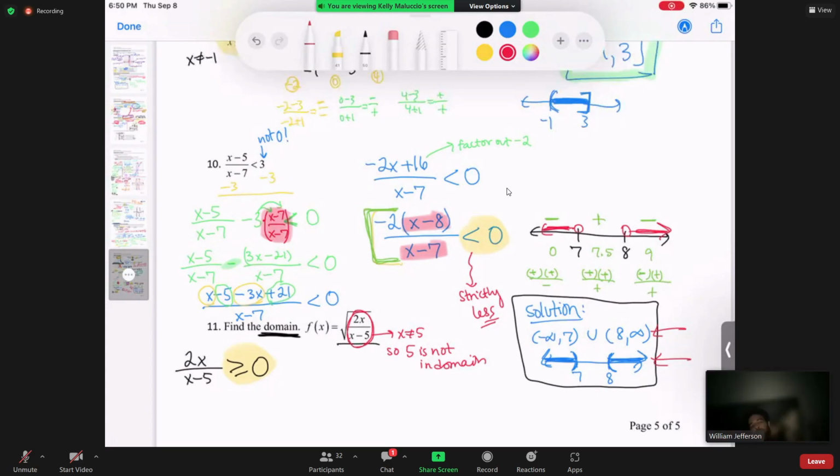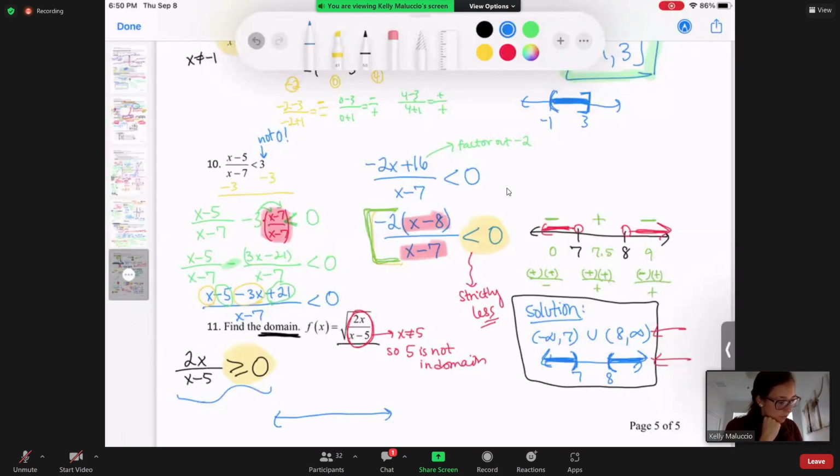I had a question. For this one, could we just go, looking at the problem, straight to the interval or number line notation? Yeah. So you don't need to write what I did here, right? You could just say, okay, draw my line.